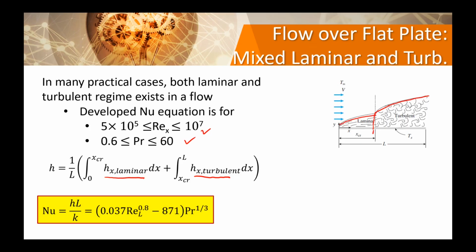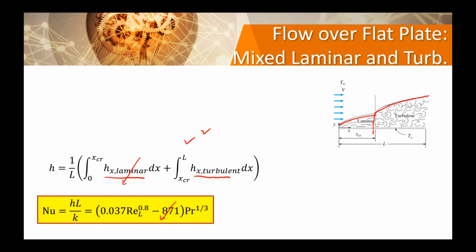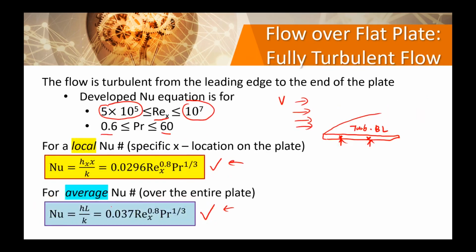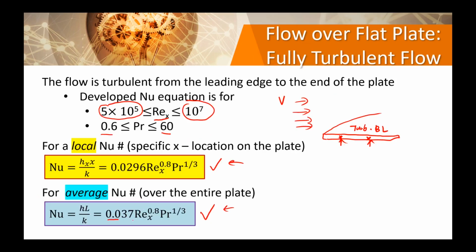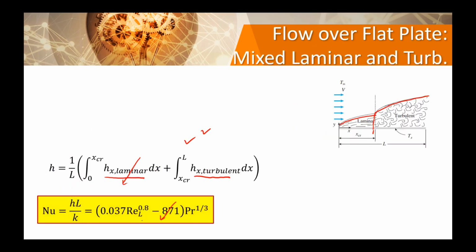Now, if you were to remove this laminar part, it will come back to the fully turbulent equation. You see, the fully turbulent equation is 0.037 Reynolds number to the 0.8, Prandtl number to the 1/3. Same thing.